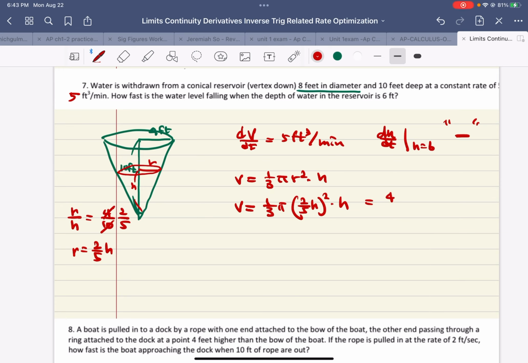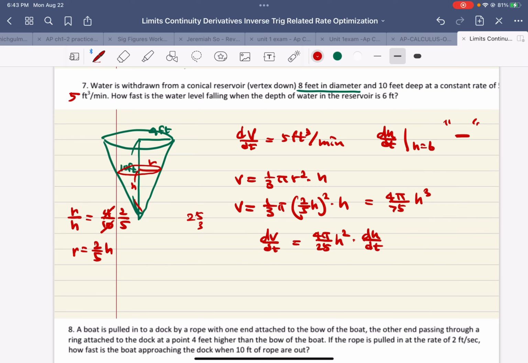So 4 pi over 25 times 3, 75, and h cubed. So dV/dt is 4 pi when you multiply, so that's 25 and h squared dH/dt.